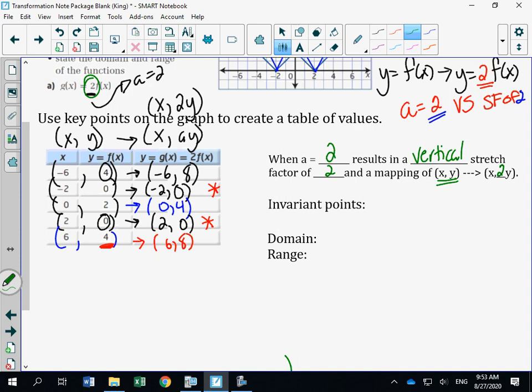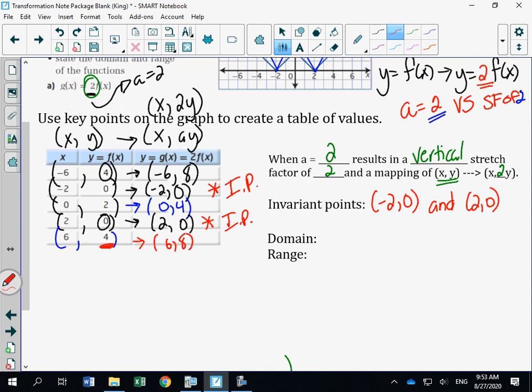The invariant points on your graph are the points that do not change. So remember this guy was an invariant point and this guy was an invariant point. So negative 2 comma 0 and 2 comma 0.